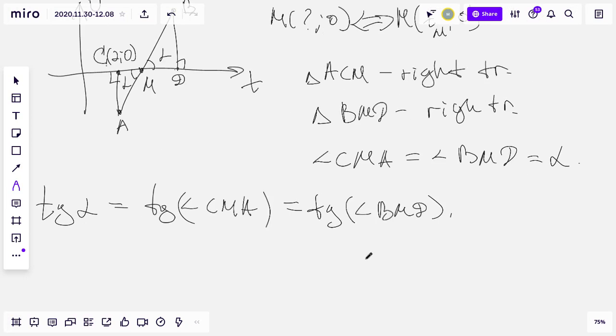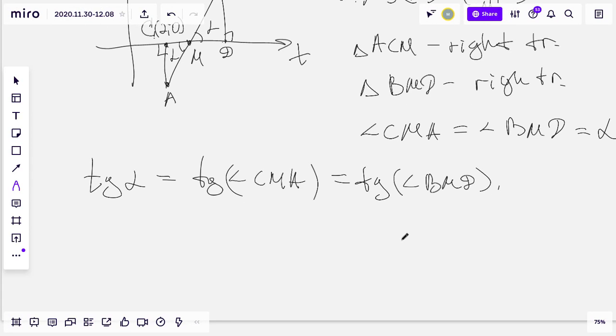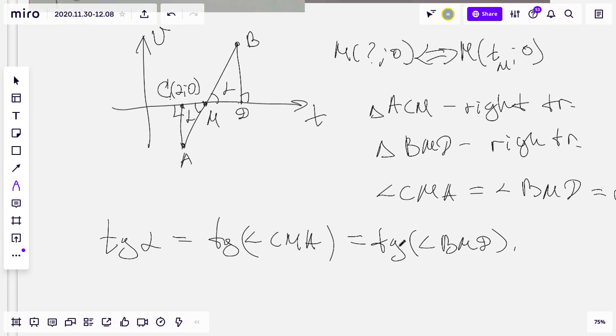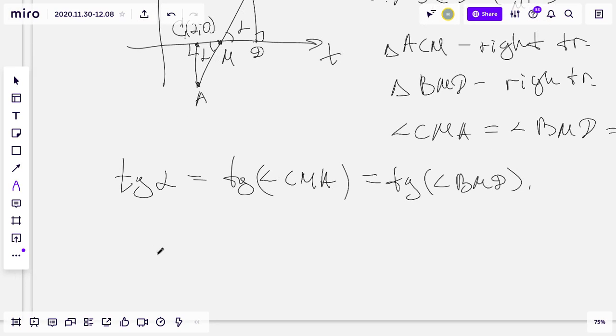Now write the definition of tangent. Tangent of alpha is the ratio between two sides of a right triangle. Side CA versus CM is tangent alpha.